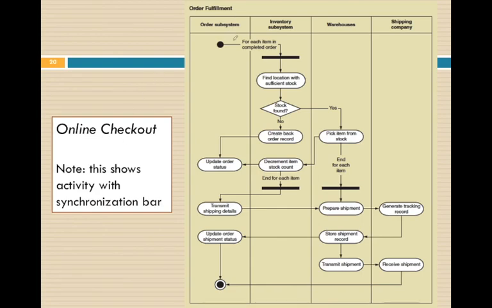In this example we have four swim lanes, which consist of four departments or four units in a system. So we start with the activity, and then we have the synchronization bar. Why do we have the synchronization bar here?